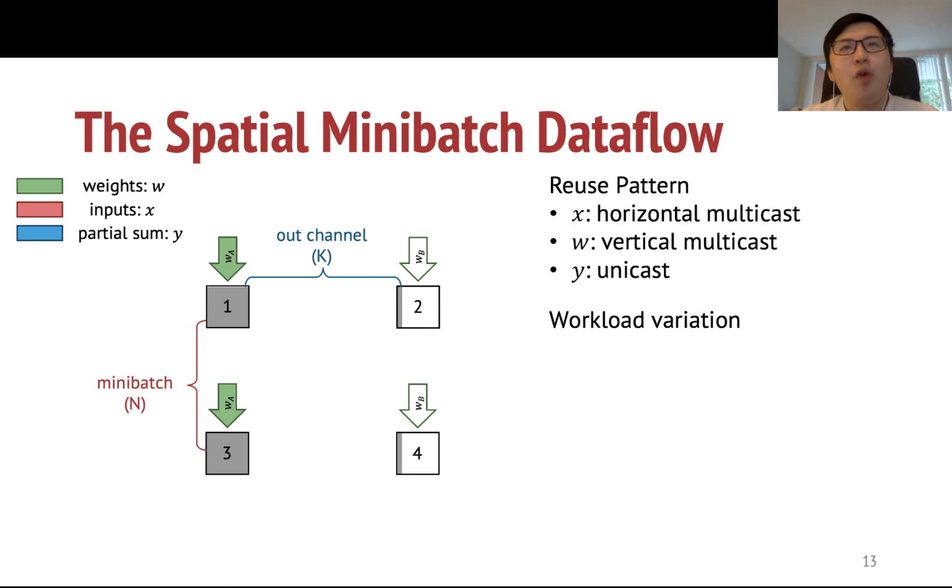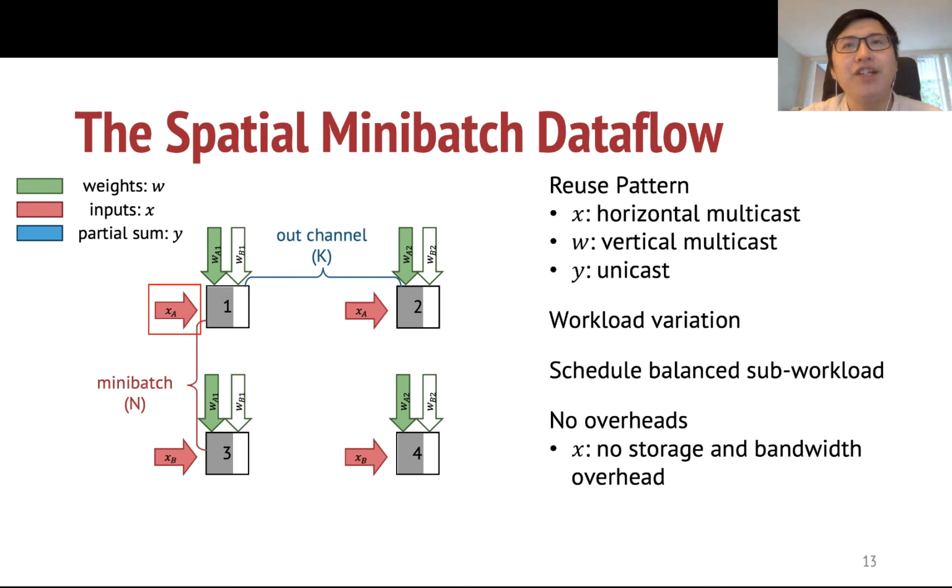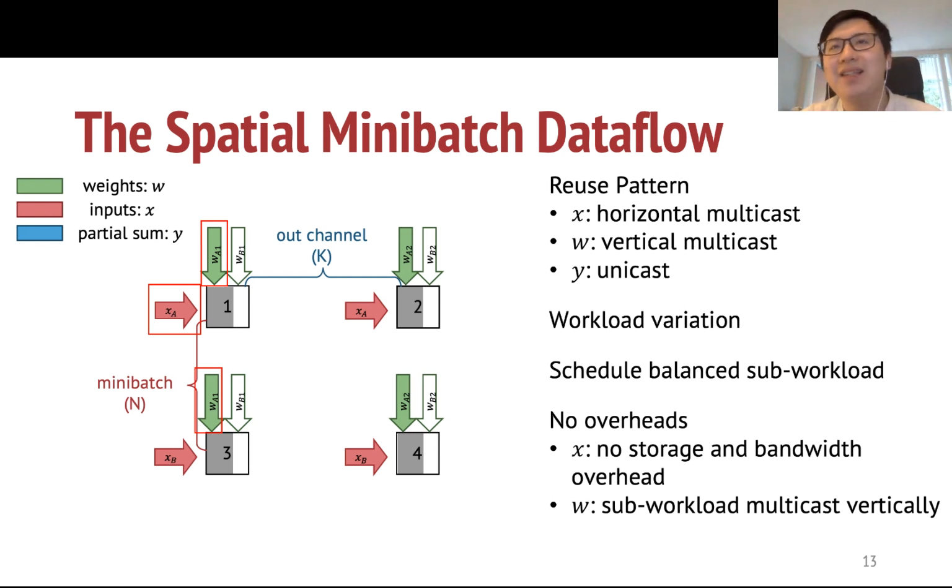Notice that workload variation still exists, and similarly, we can schedule balanced sub-workload onto PEs. This time, we do not incur any overheads. Input activation does not require any additional storage or bandwidth requirements. Weight subtiles can still be multicasted vertically to exploit reuse.